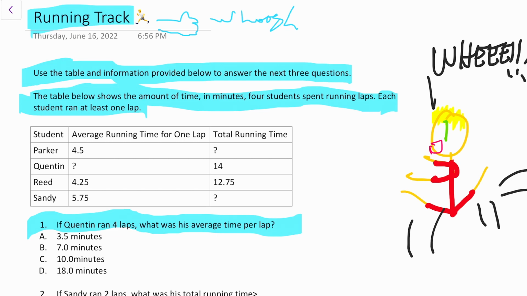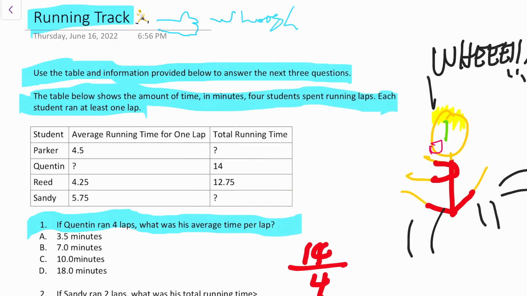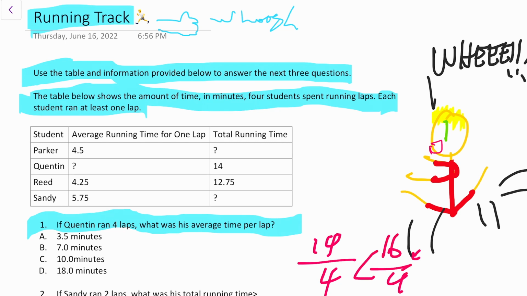So we do know how to solve it. And using some things we learned from the previous vids, if we have 14 divided by 4 here, actually that's a bit thick, I don't like it very much. Okay, now it's pink, whatever, it looks like blood anyway. So 14 divided by 4 should be less than 16 divided by 4, which is 4, and it should be more than 12 divided by 4, which is 3.